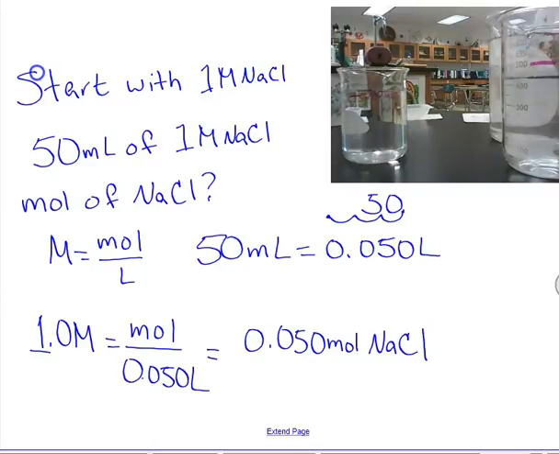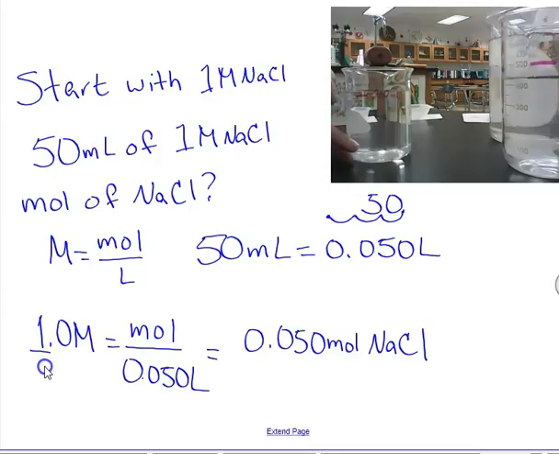So notice the first thing I did was convert 50 milliliters into liters. And then once I knew the volume and I knew the concentration of that small amount that I placed, the concentrated amount that I placed in the bottom of the beaker, and then I brought it up to volume.